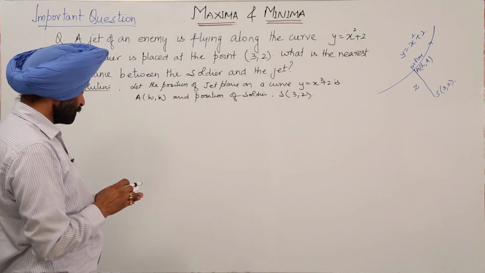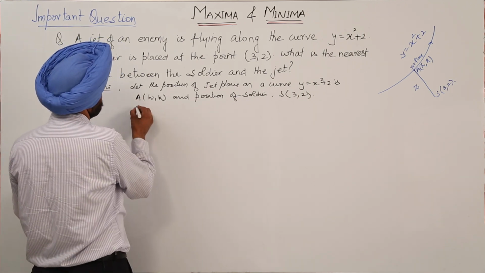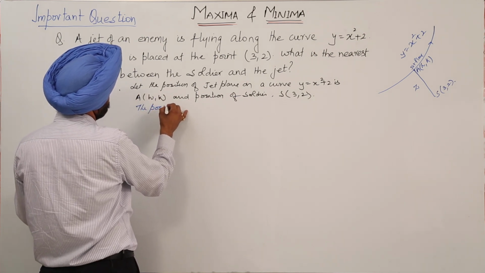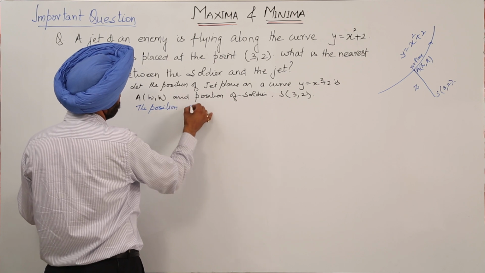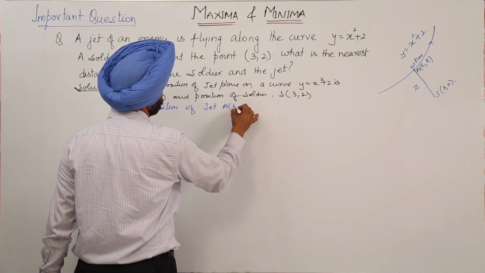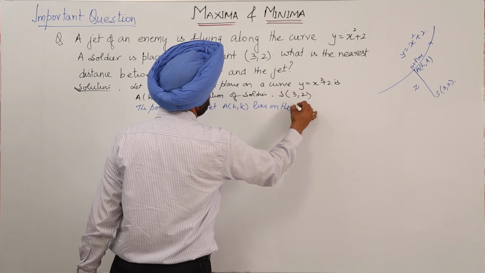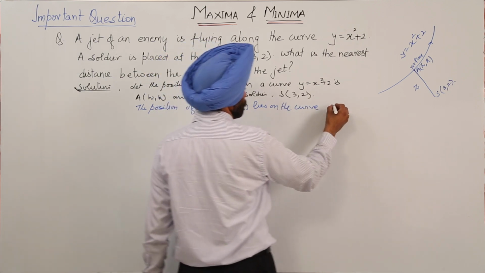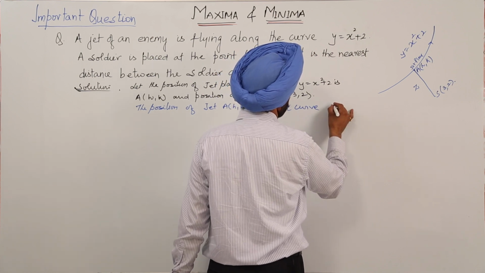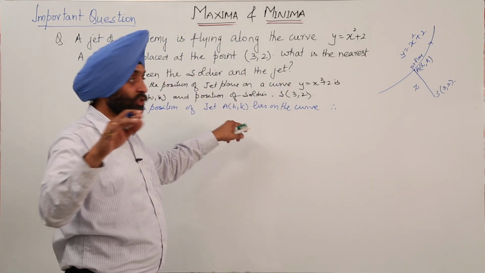Now, the position of the jet A (h, k) lies on the curve. Therefore, what can we write? h is x and k is y.